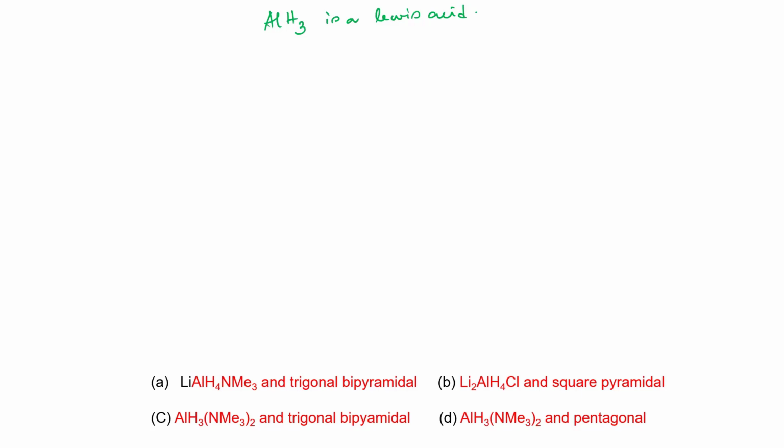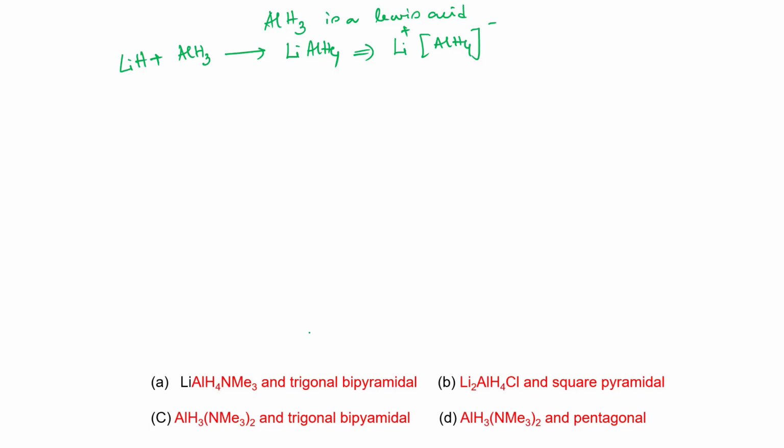Now we can look into the formation of LiAlH4. Lithium hydride will react with AlH3 to form LiAlH4. We can represent LiAlH4 as Li+ and AlH4-.